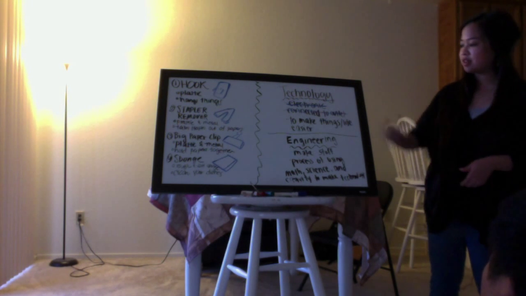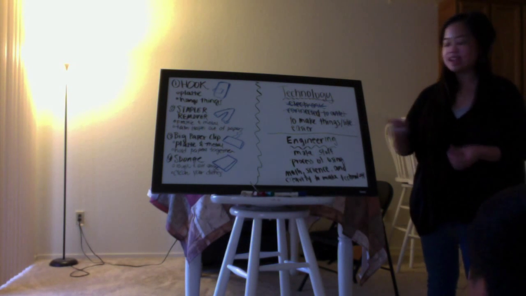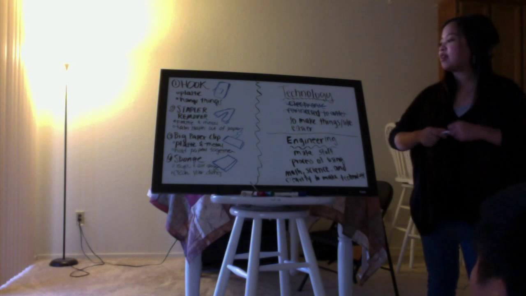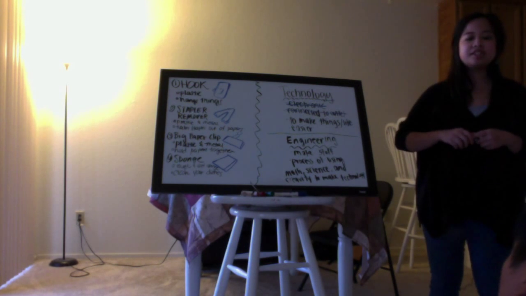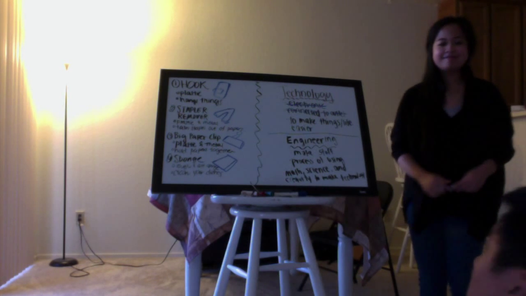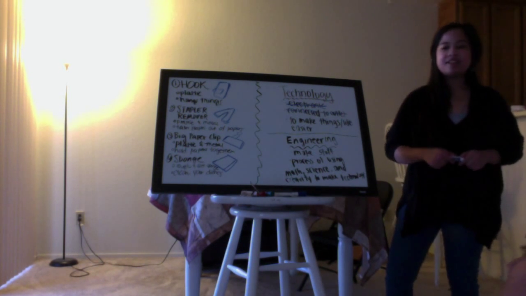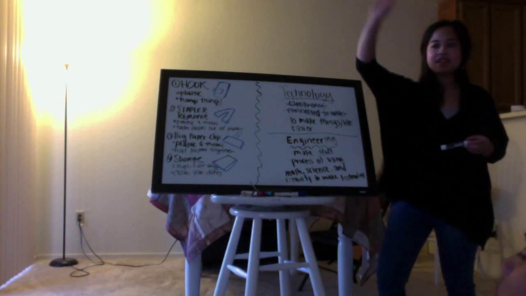Okay, so these are more accurate definitions of technology and engineering. So I'm going to ask again, what is the definition of technology? Can anyone tell me? Yes, Ron. To make things in life easier. What about engineering? Can anyone tell me? Raise your hand.